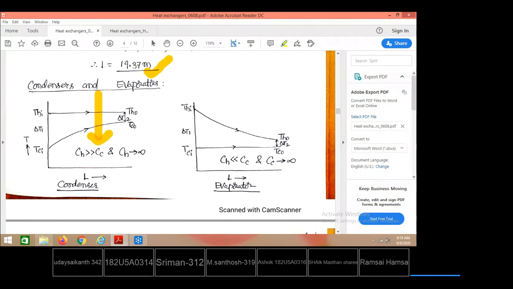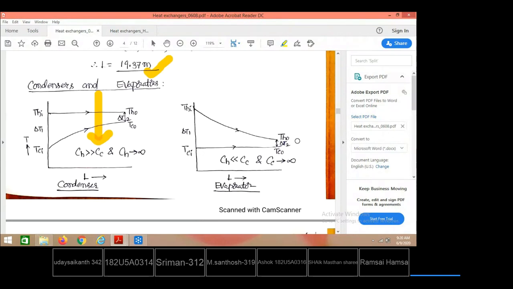In the case of condensers, the vapor started to condense. While it is condensing from 100 degrees centigrade steam to 100 degrees centigrade liquid, the temperature doesn't change. Whereas the hot fluid flowing through the tube that is in contact will drop the temperature.